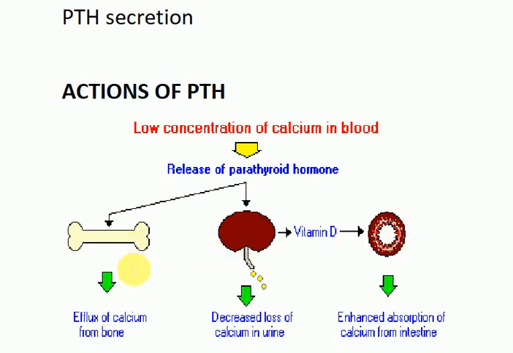Acting on bone, increasing the efflux of calcium through bone resorption. Acting on distal tubule of kidney, increasing the renal calcium reabsorption and decreasing loss of calcium in the urine. And acting on the intestine through vitamin D, increasing the absorption of calcium from the intestine.